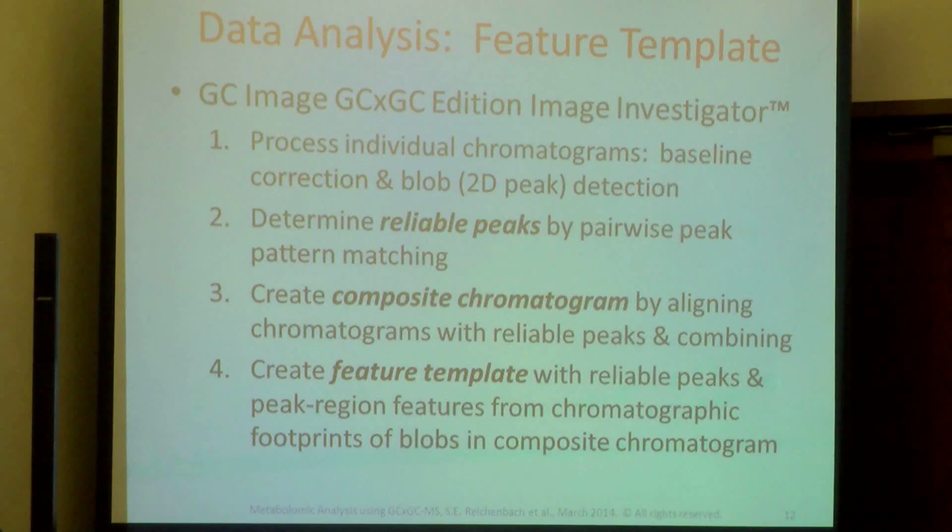So this is the sequence of work in the GC Image Investigator. Each chromatogram is processed, and the first step in the processing is to remove the baseline of the detector. One of the nice things about two-dimensional chromatography is you have large regions of the retention time space in which there are no analytes, and so you have a good picture of the detector background, and it's fairly easy to remove.